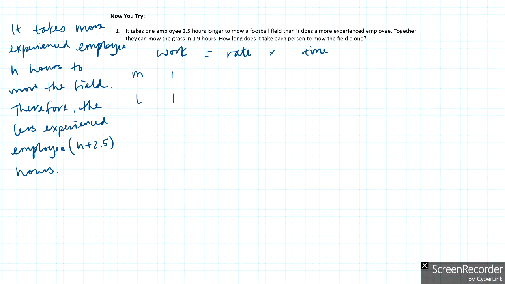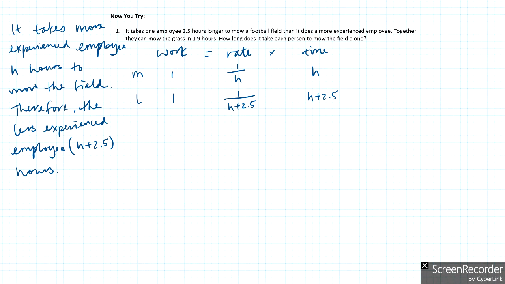For the time, the more experienced employee would take H hours, and the less experienced, H plus 2.5 hours. And right away, we know that we can find the rate. The rate is a quotient between work and time, so work divided by time is rate. And similarly, 1 over H plus 2.5 is going to be the rate of the less experienced employee.